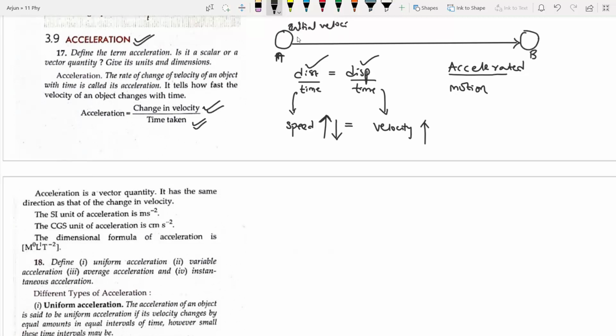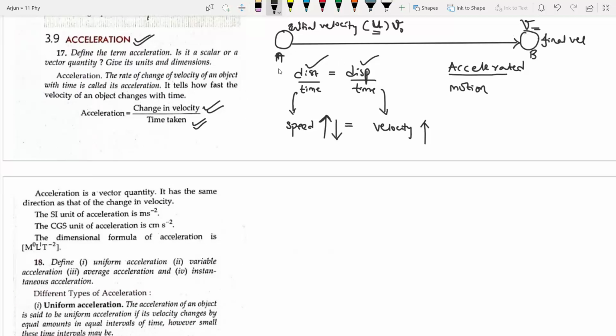That initial velocity is represented with the letter small u, or in your 11th class textbooks or materials, with V naught also. Both are correct. And at the final point, it has some final velocity, represented with the letter small v.